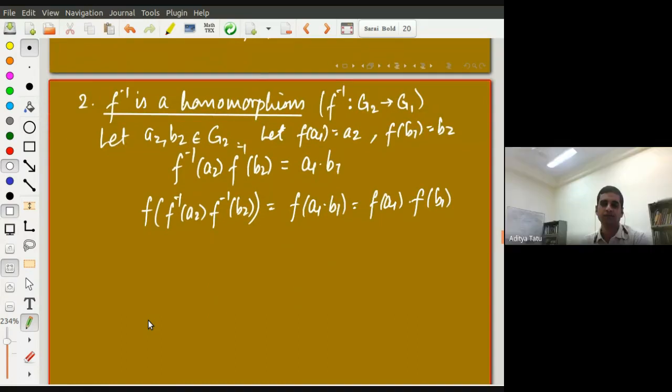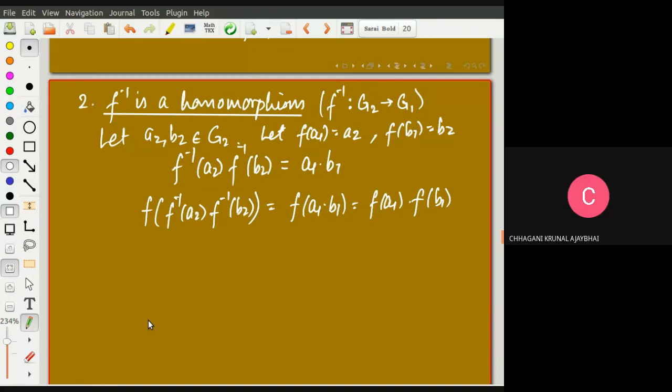F of A1 is A2 and F of B1 is B2. Then take F inverse on both sides.